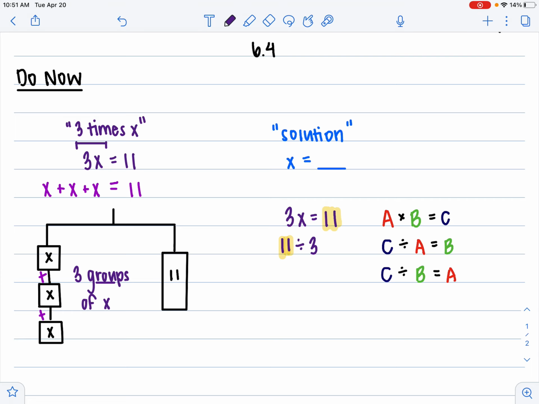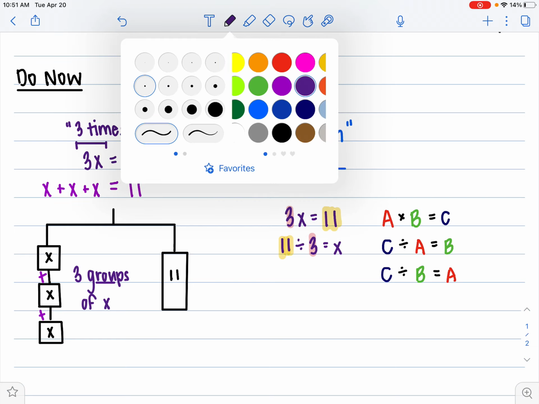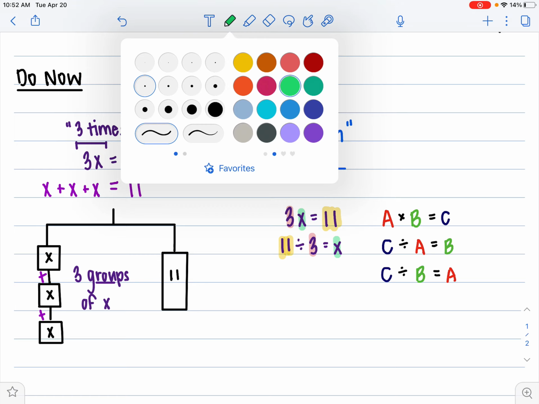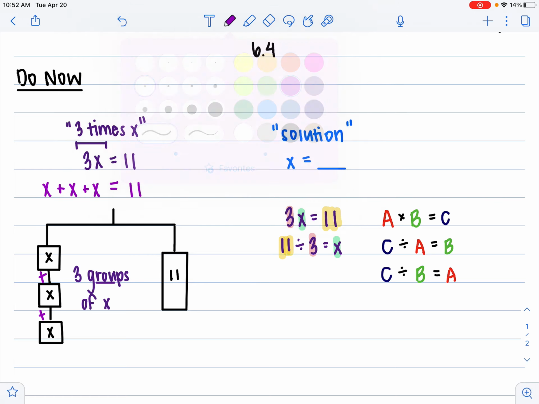So in this case, if I do 11 divided by 3, I know that it will be equal to x, our unknown number. And so I can simply divide 11 by 3, and 11 divided by 3 is equal to 3.66.